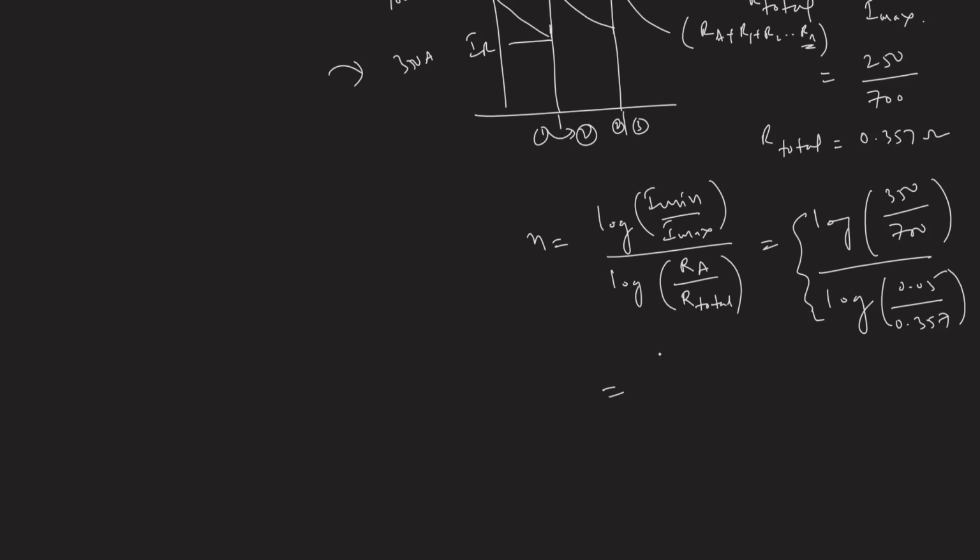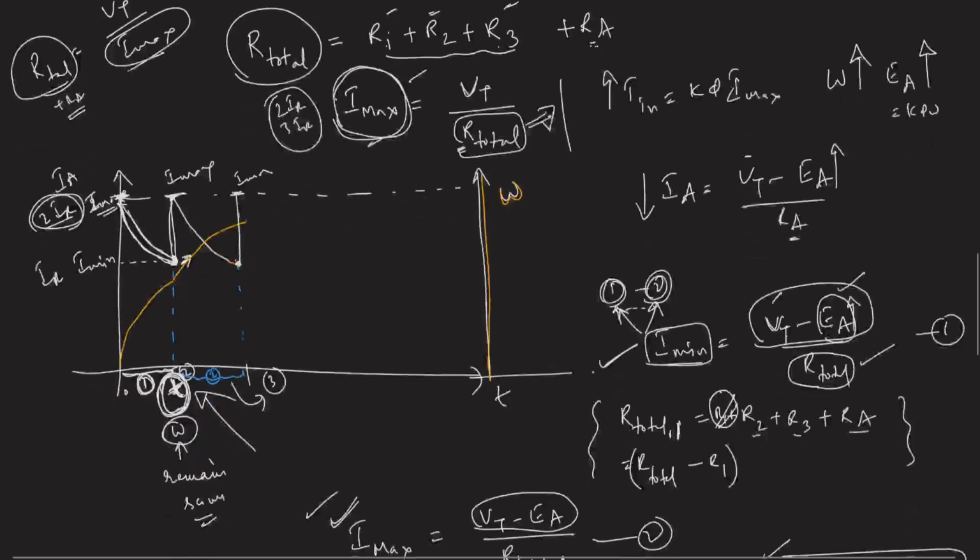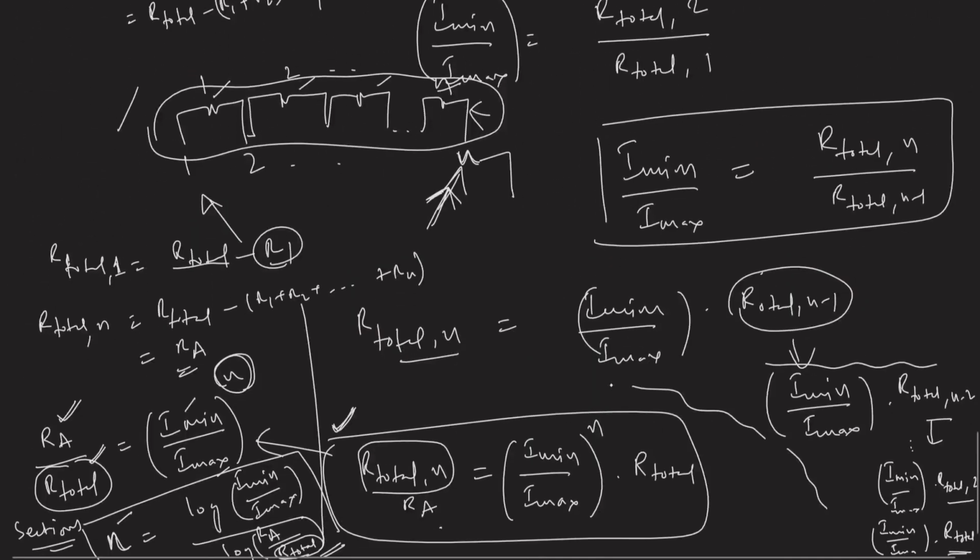Yes, resistance will come up. Let me go to the previous slide. I have taken the reverse, right? So here, n log of this value is equal to log of this value, right? So n is equal to log of RA by R total by log of I minimum by I maximum. This has to come up and this has to come down, sorry.